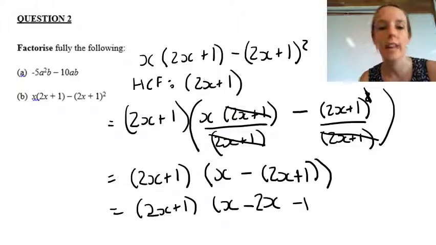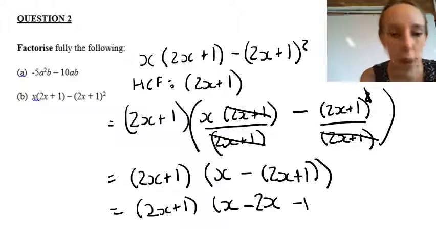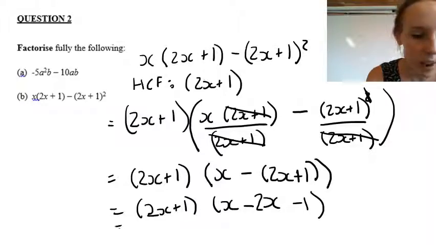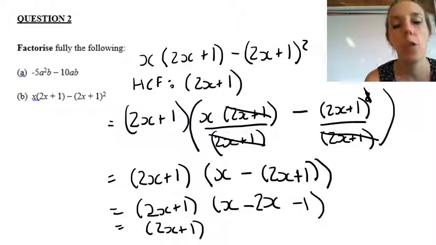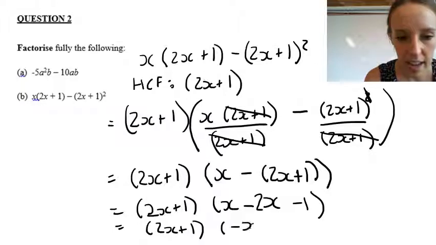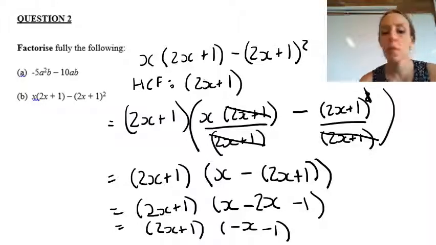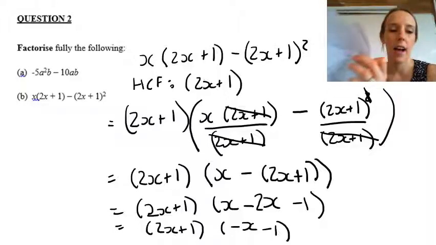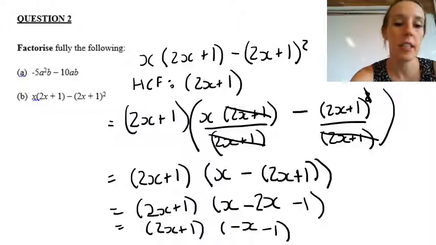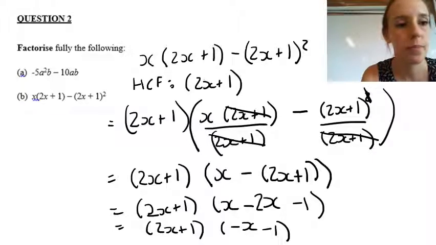That's why the 1 has changed to a -1, because it's being taken away. From there, I can simplify it again. So x take 2x is going to leave me with a -x, take 1. So that would be my solution there. I've just removed my highest common factor and simplified the brackets as I've gone along.